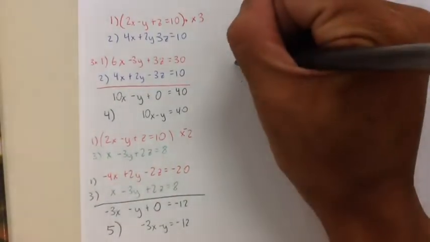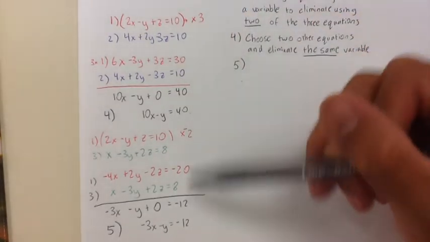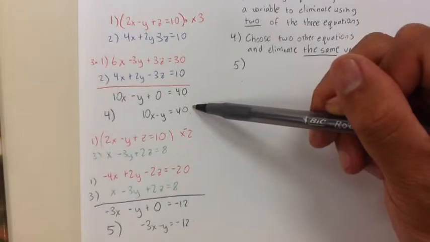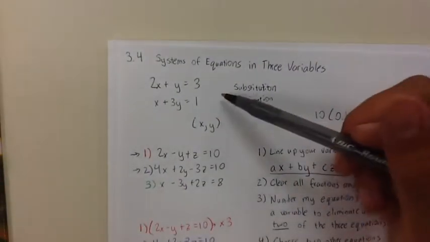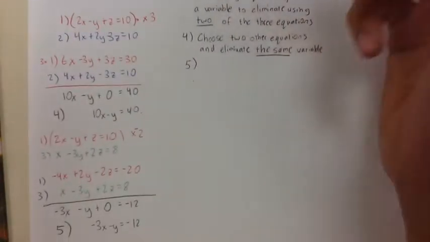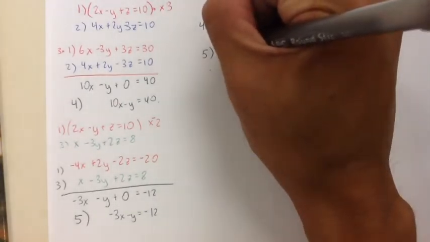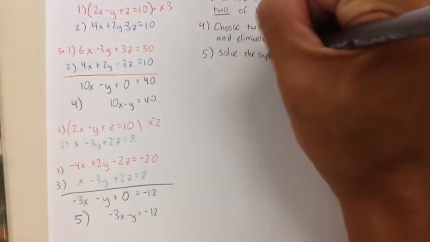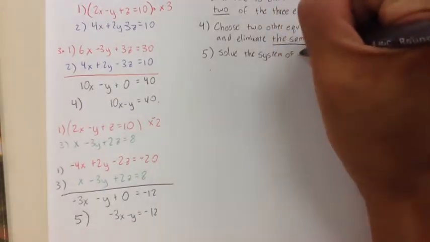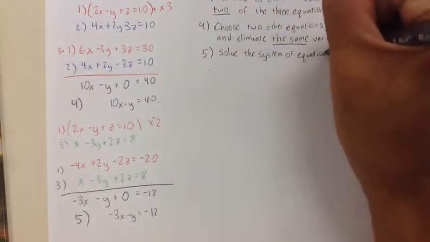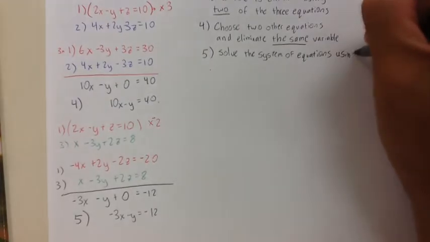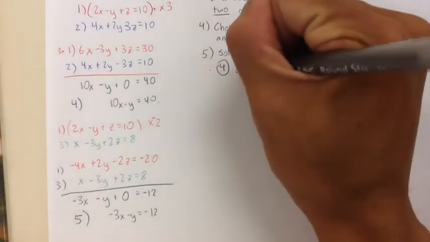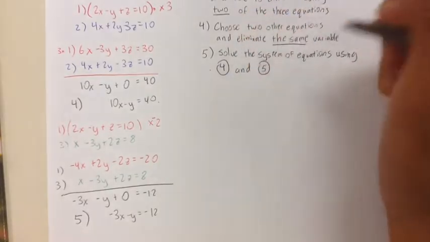From here, I go on to step 5. Now I have these two equations where I just have x's and y's. And that looks a lot like my systems of equations with two variables. So I'm going to solve the system of equations using those two equations that I just made, number 4 and number 5.